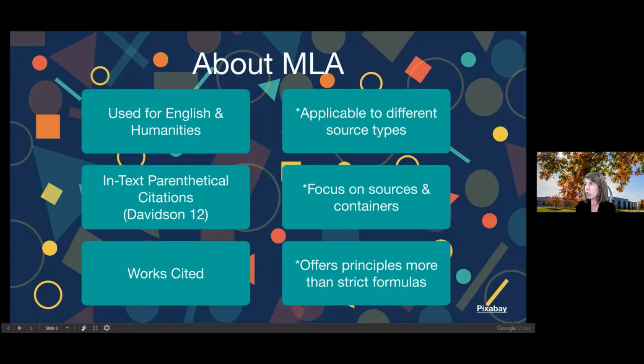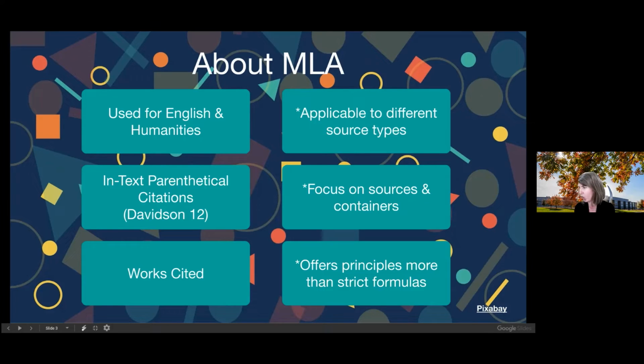In the second column, there are some things that the new 8th edition is emphasizing. First of all, they really tried to make this edition applicable to all different kinds of source types. We live in an information environment where there are just so many types of sources out there. It also has a focus on sources and containers, which I mentioned in our goals for today.